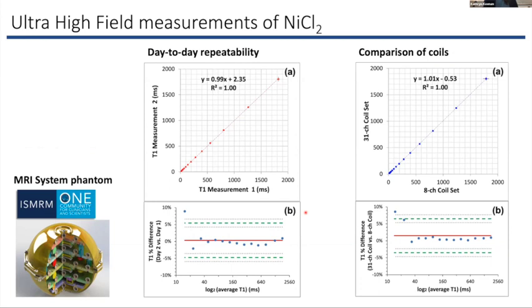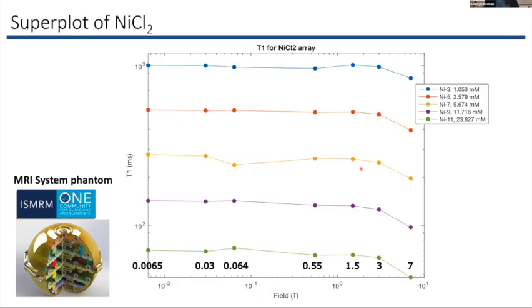And so on that system, there was excellent day-to-day repeatability. She also used the system for comparison of the coils that were available. And so this is an example of how you can and maybe should use these tools that are available to you to validate your measurement methods and assess repeatability.